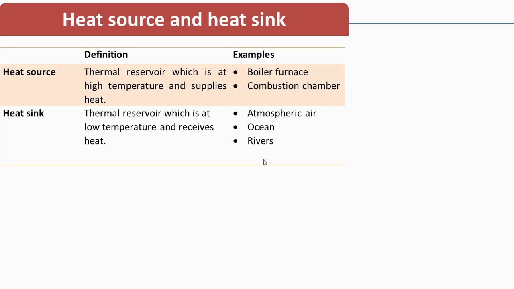Then the steam is raised. Similar to that, we have another definition, that is heat sink. It is a thermal reservoir which is at a lower temperature and receives the heat. For example, just now we saw atmospheric air.